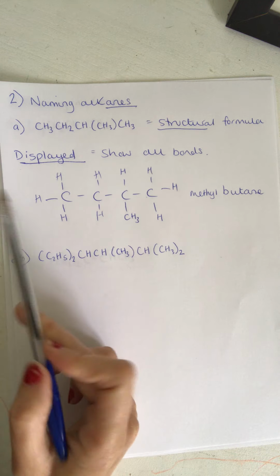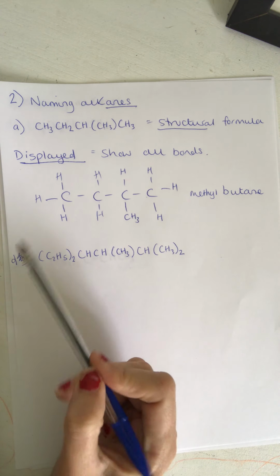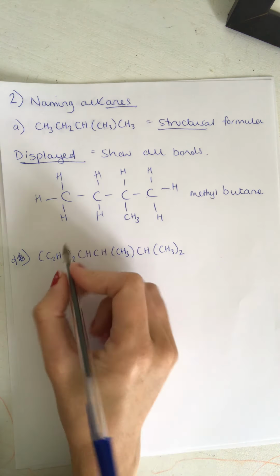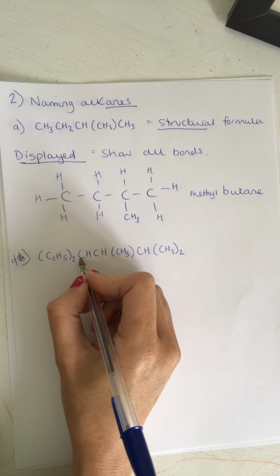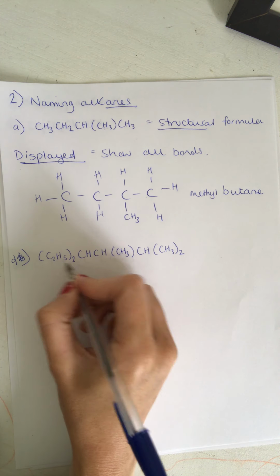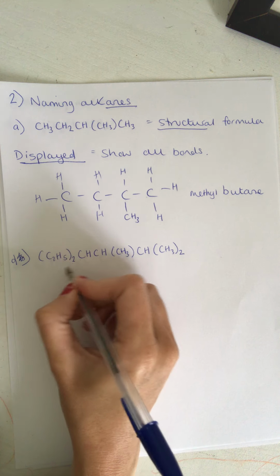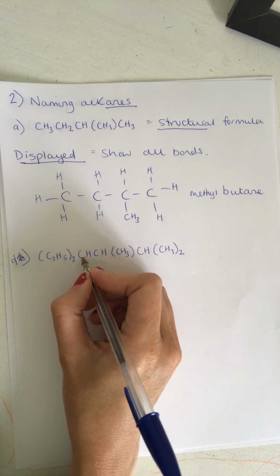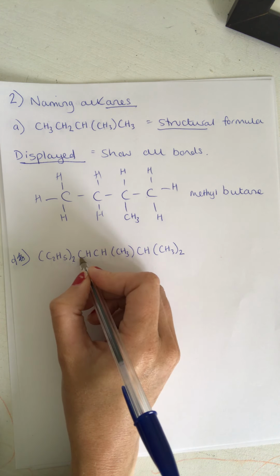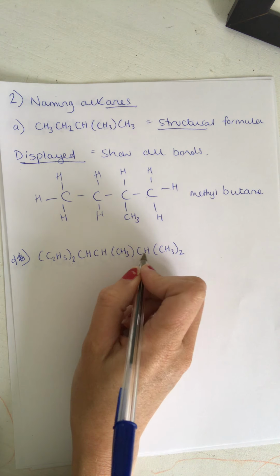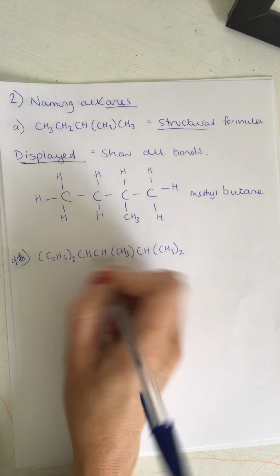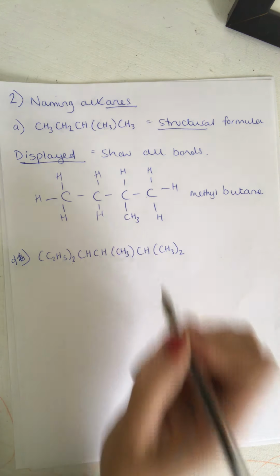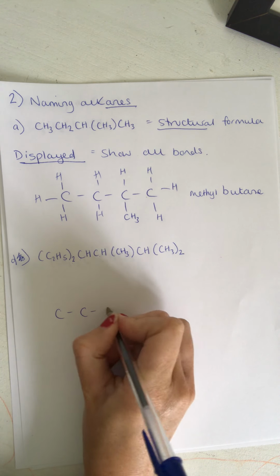Right, now we're going to look at D. They don't have A, B, C, D on the sheet, but just for ease I've done that on here. So we've got a carbon with 2 ethyl groups attached to it. I'm going to start off by doing my chain of all the carbons that aren't in brackets, so 1, 2, 3, 1, 2, 3.